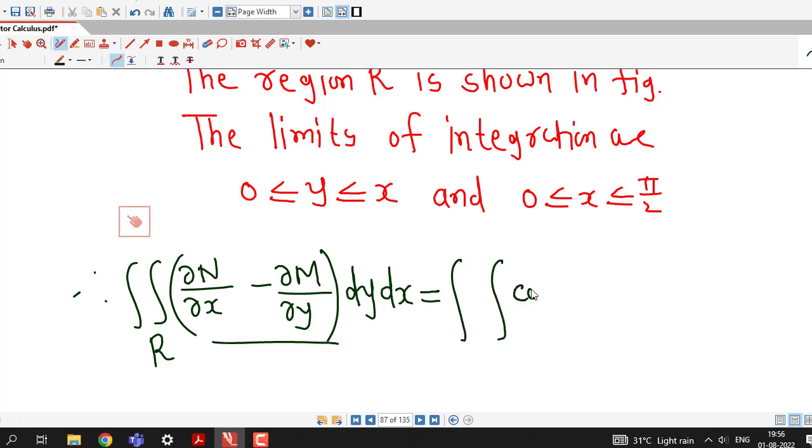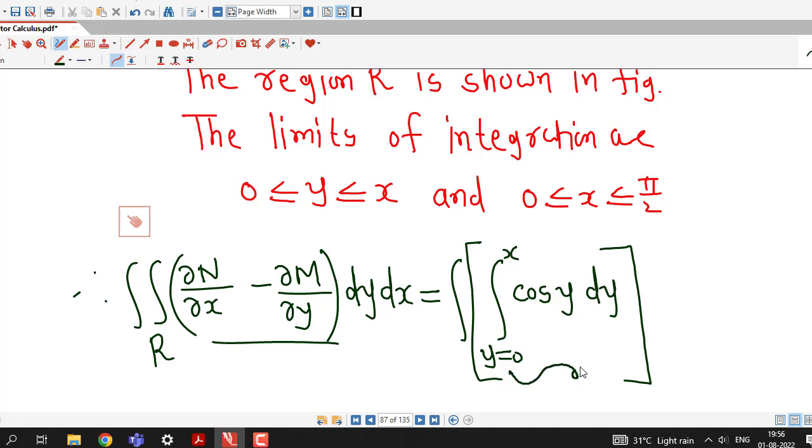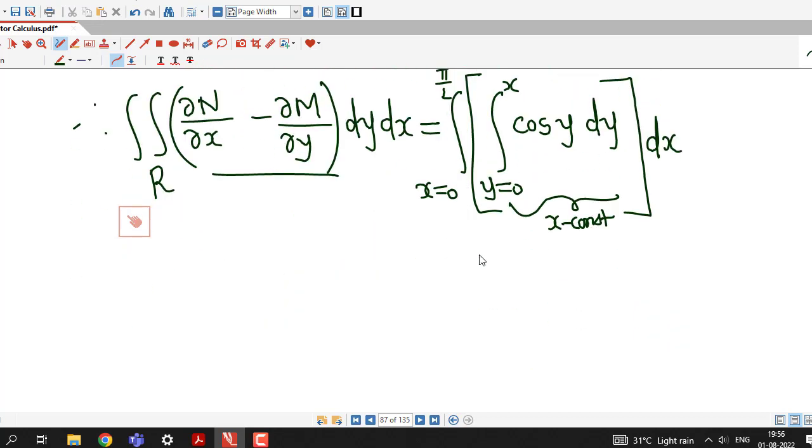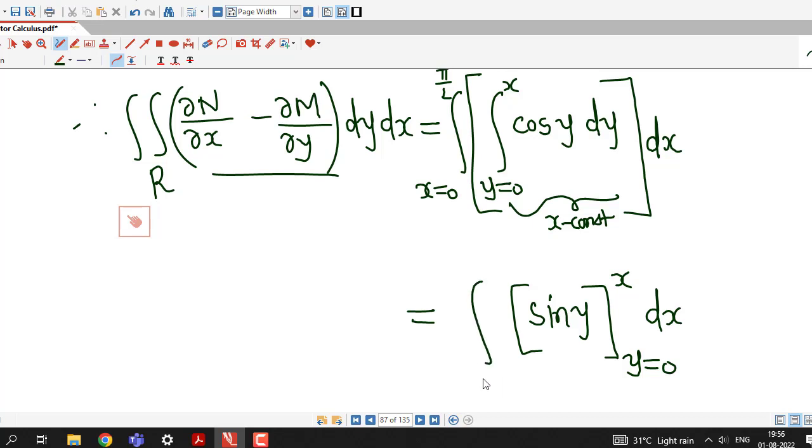This quantity we have obtained as cos y, so we integrate cos y with respect to y from y equal to 0 to x, and while doing this integral we will consider x as constant, and after that we integrate with respect to x from x equal to 0 to x equal to pi by 2. So integral of cos y is sin y, and the limits of y are from 0 to x, then integral with respect to x with limits 0 to pi by 2.